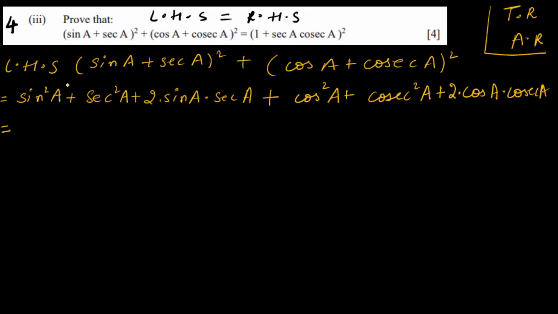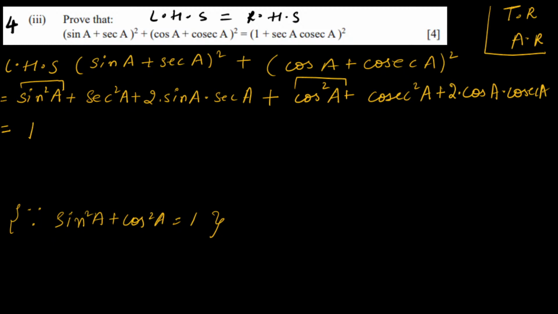Yes, so that we can do. Sin² A and cos² A I can write as 1, because we know the square relation. You have to write it down: sin² A + cos² A = 1.